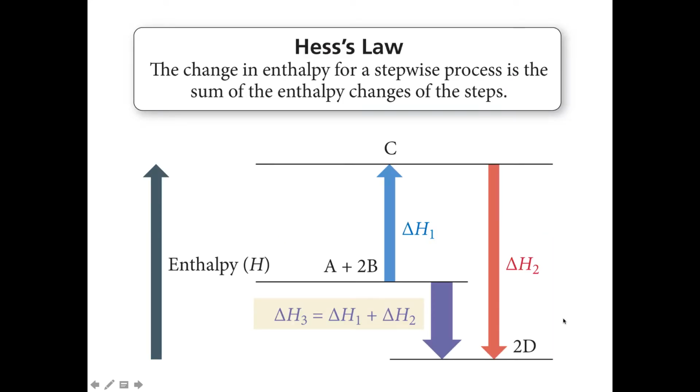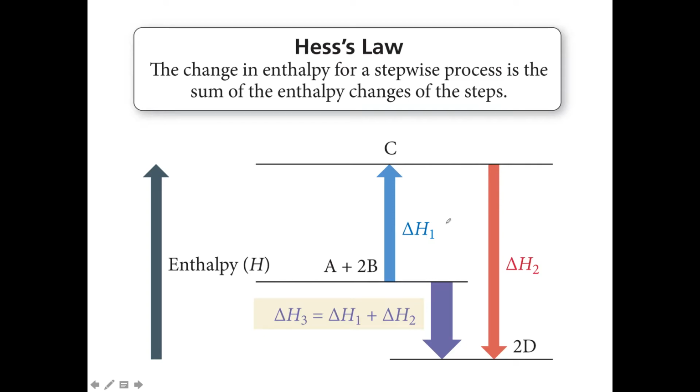So first of all, suppose we've got these different examples given here. A plus 2B, right? Can you see this is supposing that the enthalpy goes up. By the way, can you see if this is positive or negative? What does that look like?